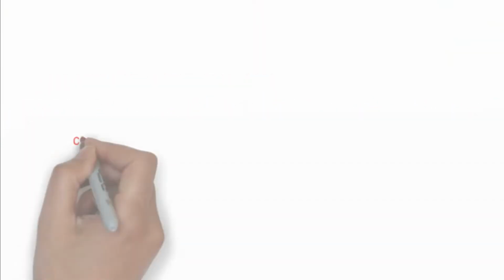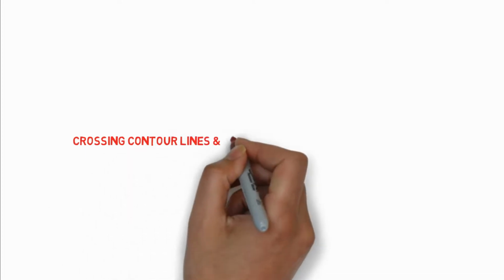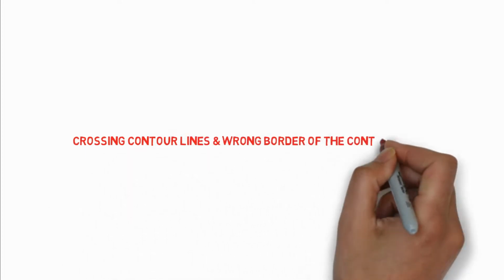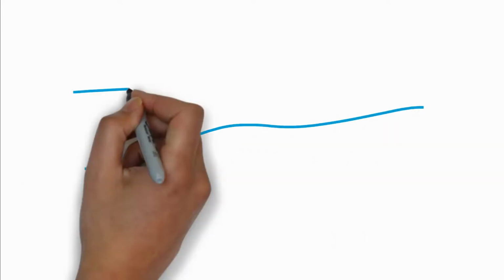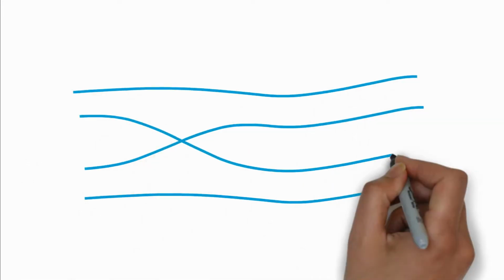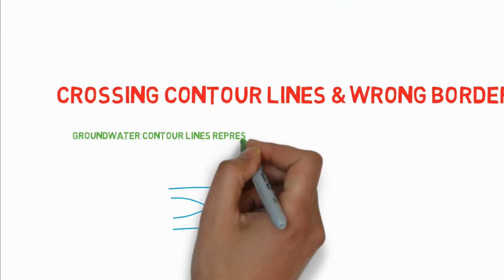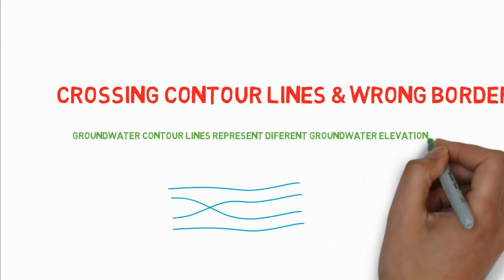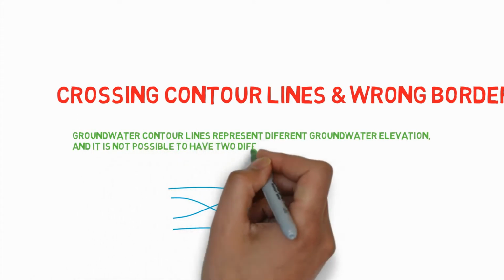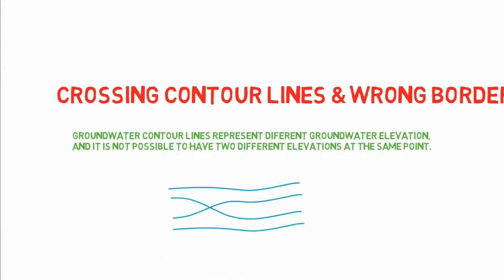Three. Crossing contour lines and run border of the contour lines. Groundwater contour lines represent different groundwater elevation, and it is not possible to have two different elevations at the same point.